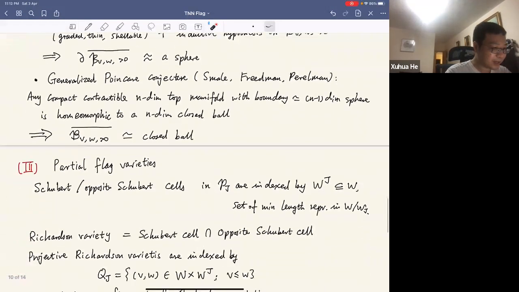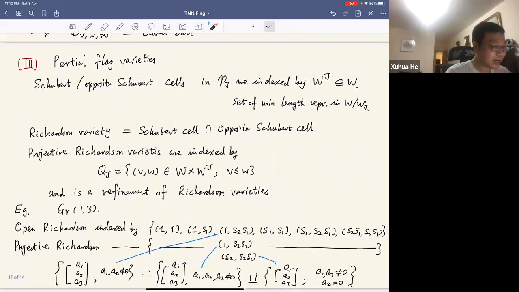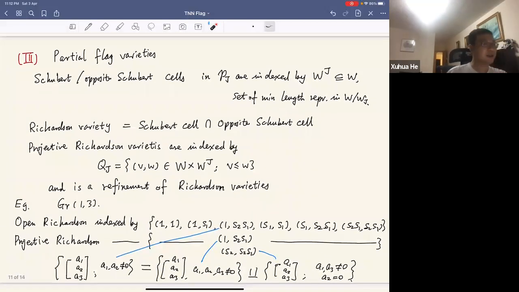Now let me explain what happens in the partial flag case. We first want to discuss these generalizations of the Richardson variety.